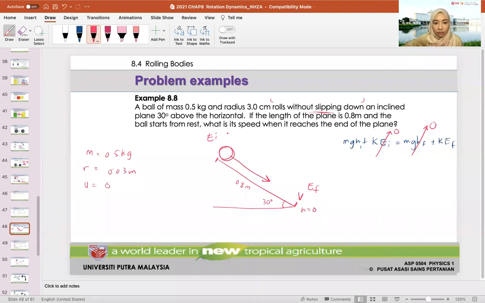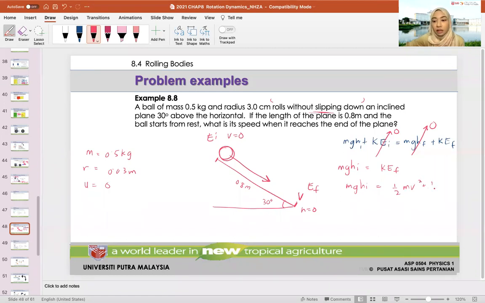Up here my v is equal to 0. So now I have mgh initial equals KE final. Expanding that KE, I am rolling without slipping, which means that I have two components. One is linear, one is rotational.